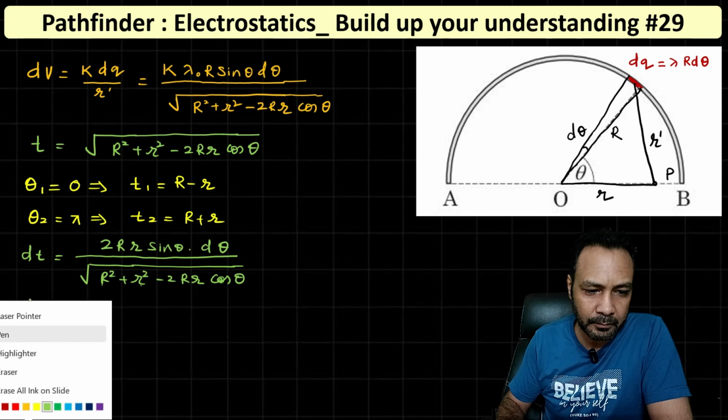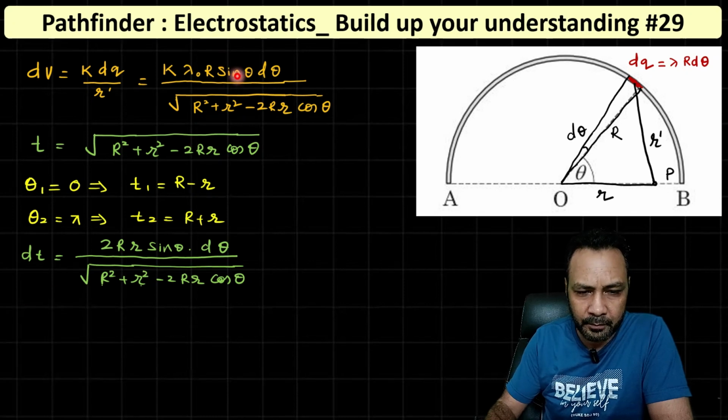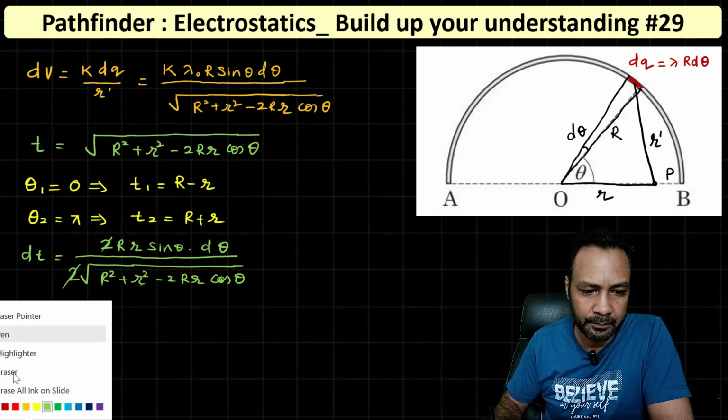And see, here in place of sin theta, r is also there, in place of this capital R sin theta d theta, and that whole thing from here. One more thing, here 2 will come, so that 2 and that 2 will get cancelled.